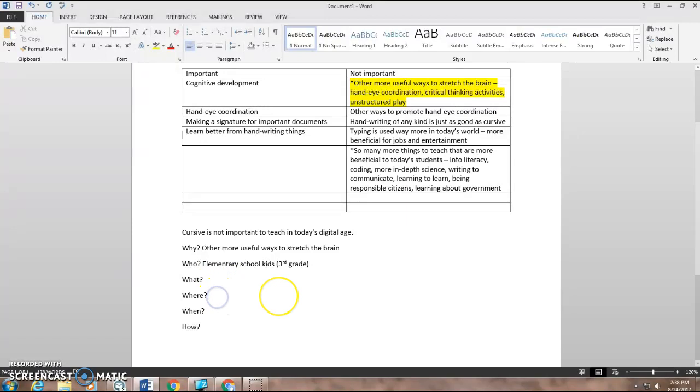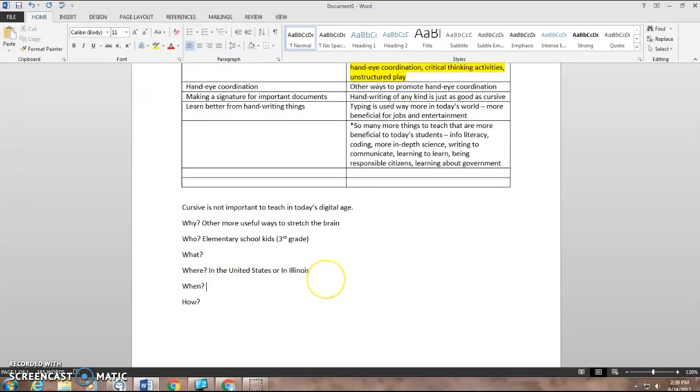So maybe that's not one. Where? You could answer this one maybe in the United States or even in Illinois. When? We're thinking already in today's digital age, so maybe 21st century.